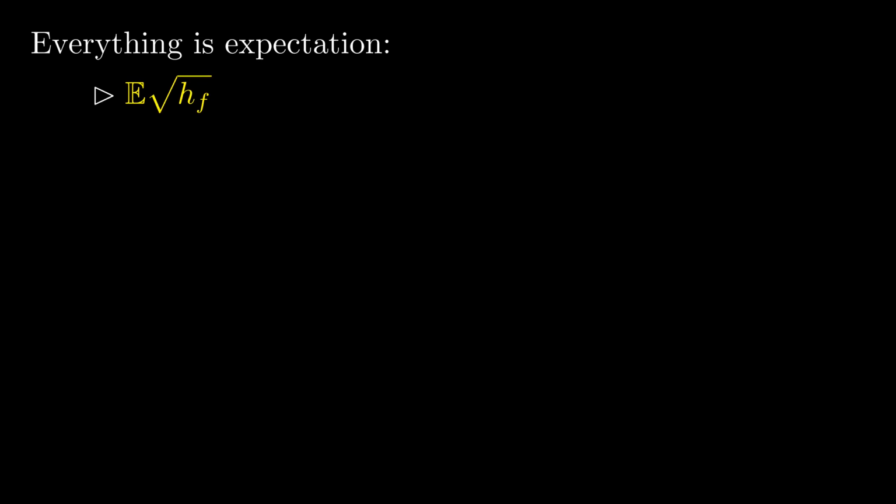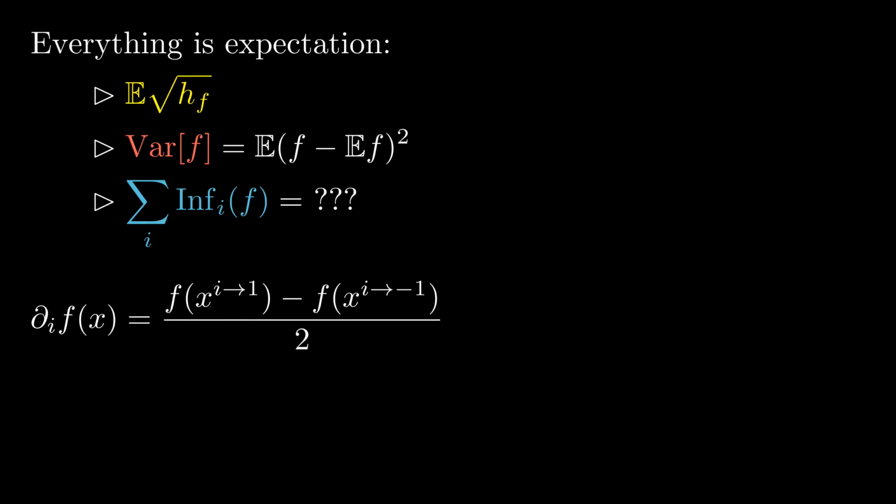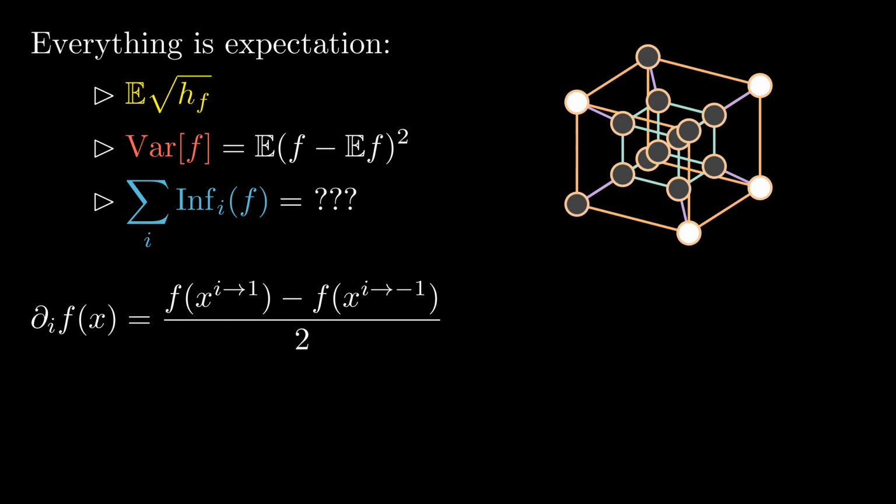Eventually, all of the properties involved in Talagrand's conjecture are the expectation of some quantity with respect to the uniform measure on the hypercube: the expected square root of the sensitivity, the variance, and even the total influence, in the following way. Define the derivative in direction i at point x to be half the difference between f's value when xi is 1 and its value when xi is minus 1.